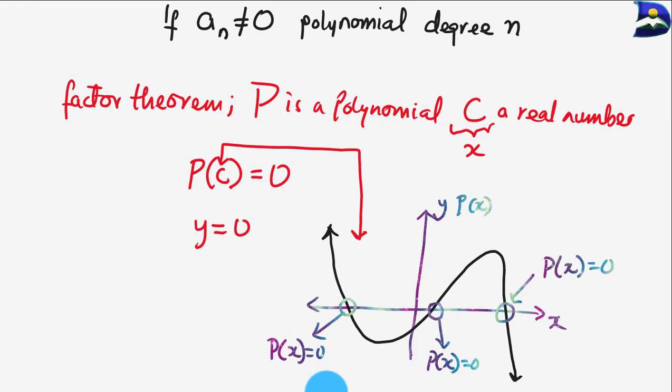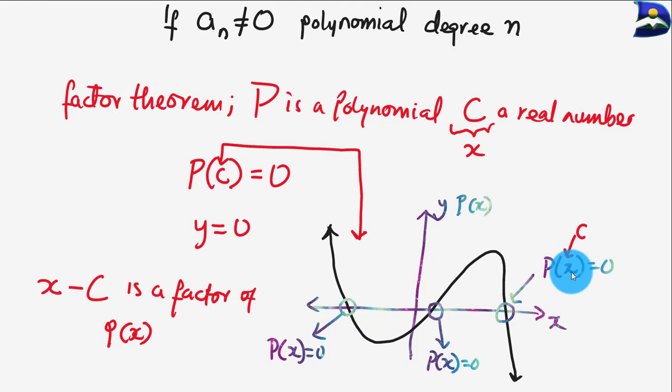So we are stating that if p at c is equal to 0, in this case c is taking the place of x, therefore we can conclude that x minus c is a factor of p at x.